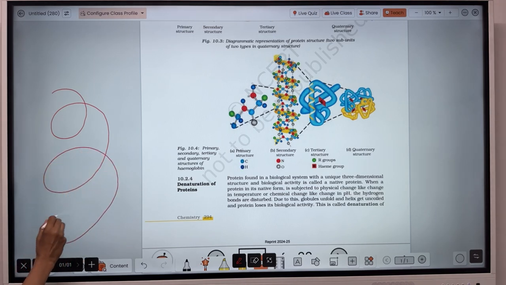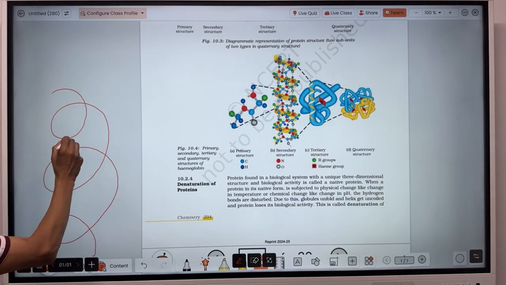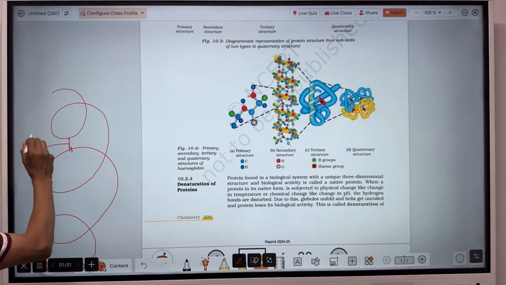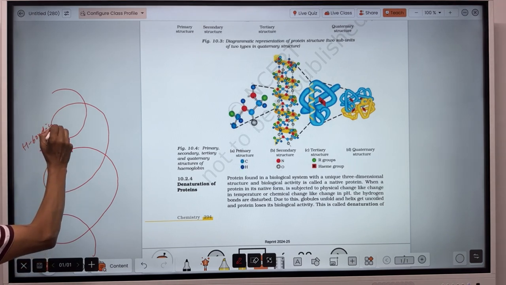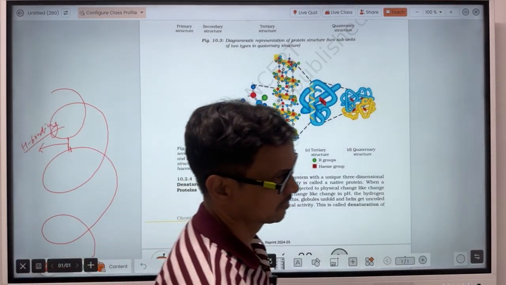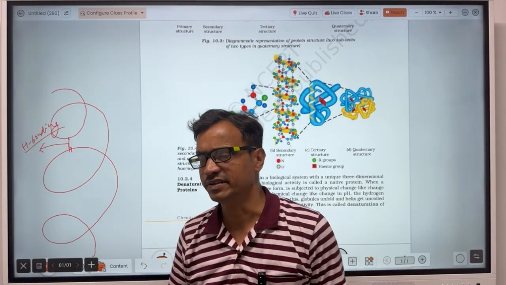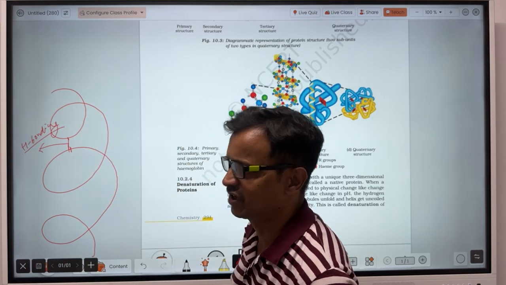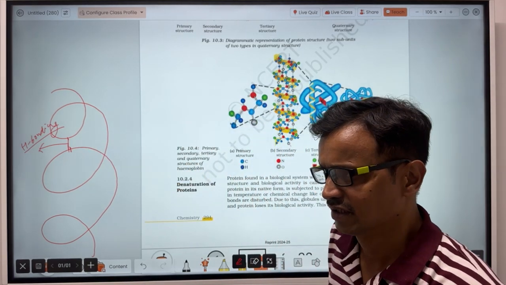In this coiling, each pitch is bonded with the others through hydrogen bonding.